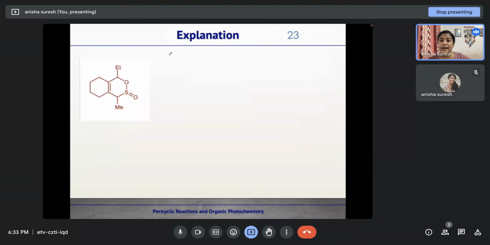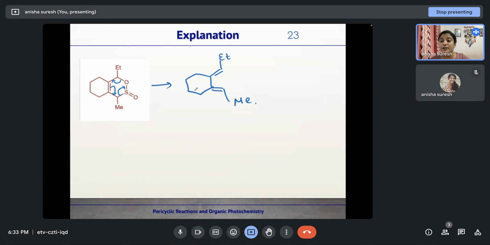So what will be the arrow pushing? This double bond will shift over to here, this will shift over to here, and this will shift over to here. So we will get Et, double bond, Me. We will get a diene like this.